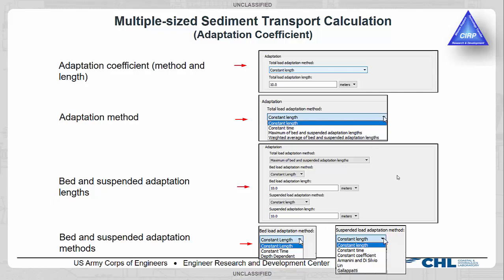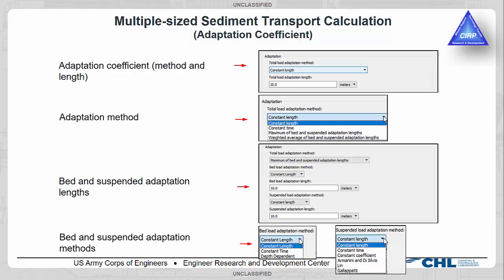And for our application, most of the time, to simplify, we just pick a constant length. In this case, we pick 10 meters based on our grain size and also some sensitivity tests.